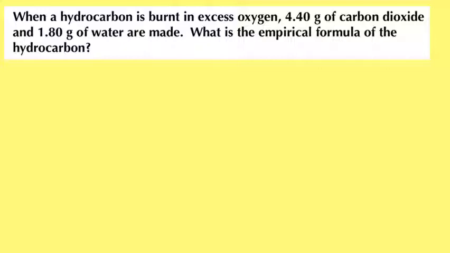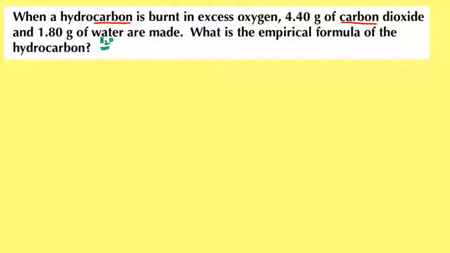Looking at that question, the first thing we have to intuit, to use an American word, is that the carbon dioxide has been produced, and where is all that carbon coming from? All the carbon is coming from the hydrocarbon. And for the water, which of course is H2O, where is all the hydrogen coming from?